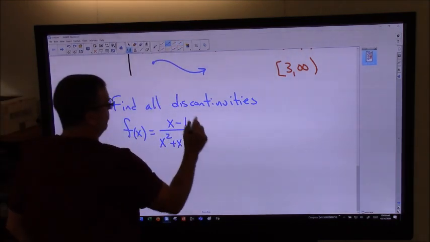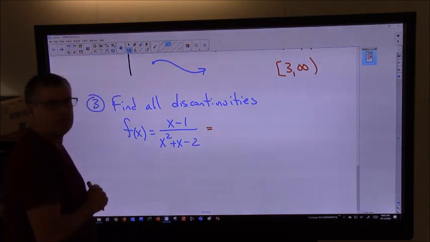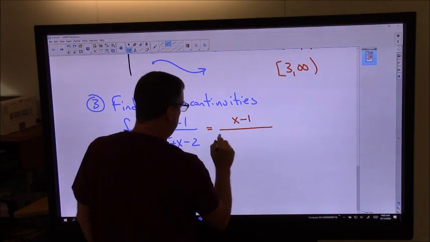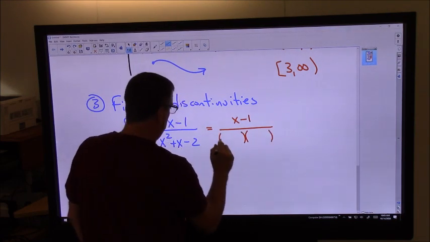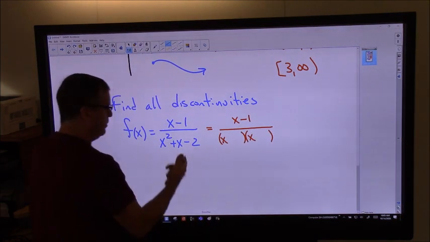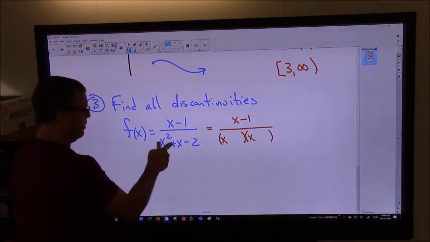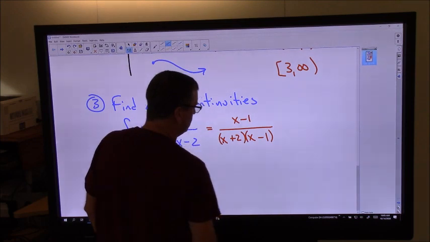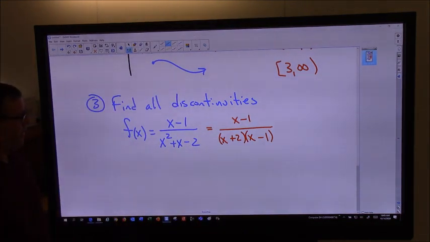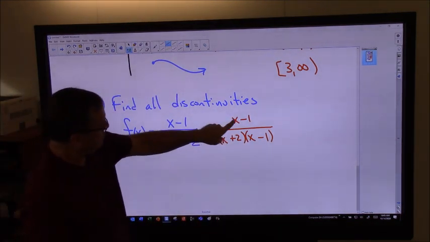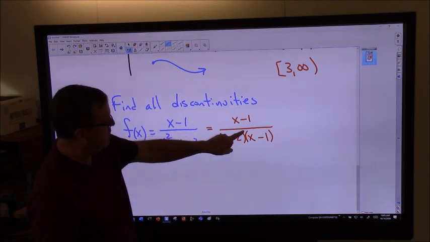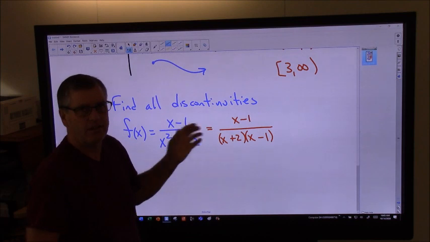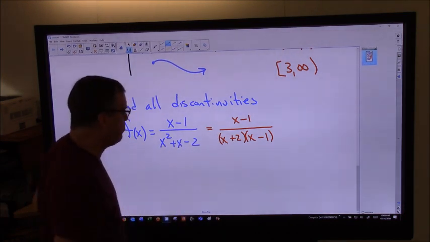And so the first thing I want to do is I want to factor this denominator. So I would have x minus 1 over, this would be x times x. Two numbers you multiply to get -2 and subtract to get a positive 1. That would be a positive 2 and a negative 1. And so I can cancel these factors, but what I have to remember is there's a hole in the graph. All right? If I was going to actually graph this, I would want to do that.